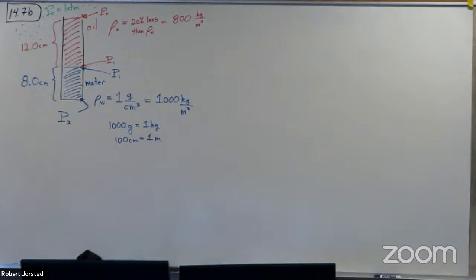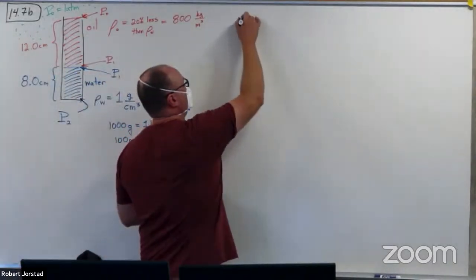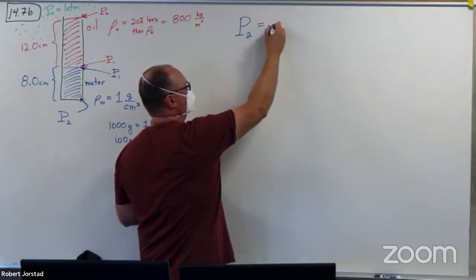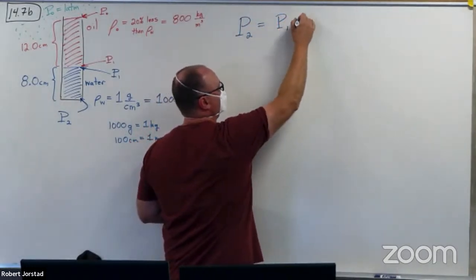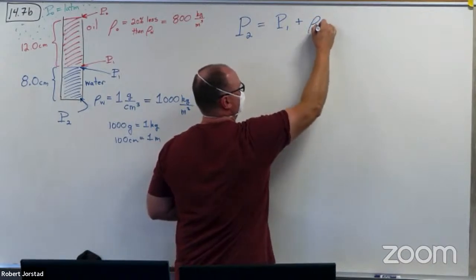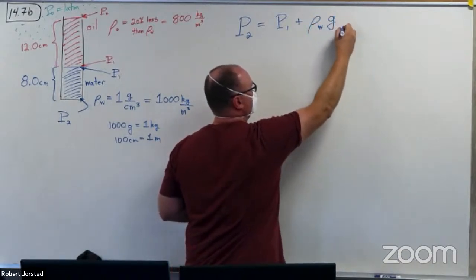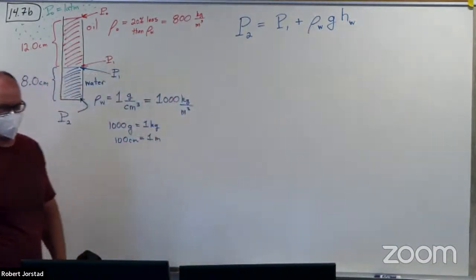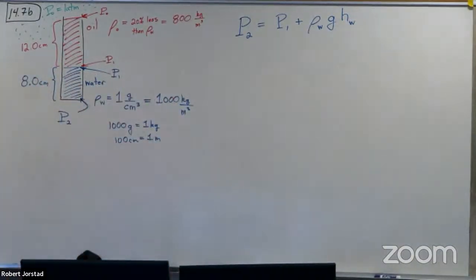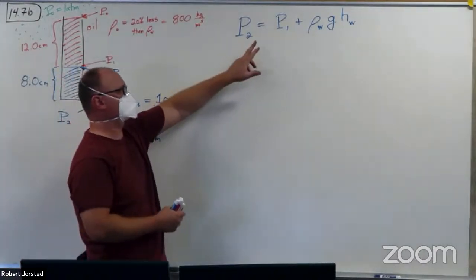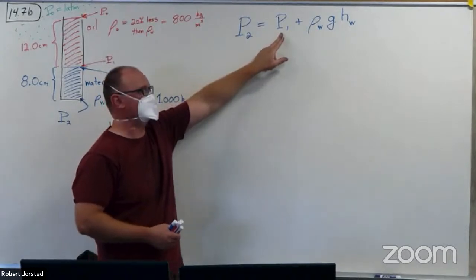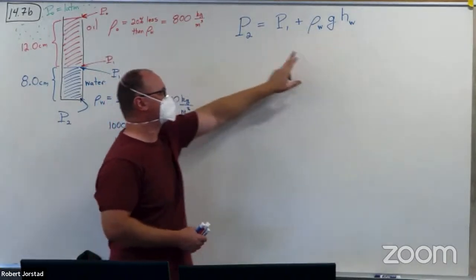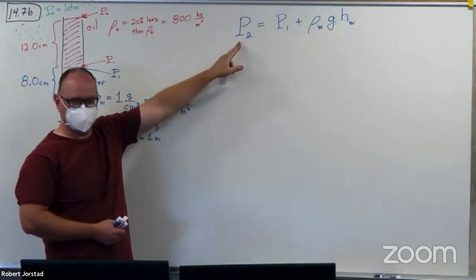So how do we use this pressure versus depth equation? Well, I know that P2 should equal P1 plus density of water, g, depth of the water. Agreed? This is my pressure at the surface, depth, pressure at depth. Right?